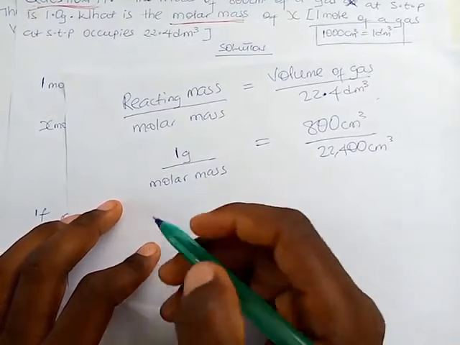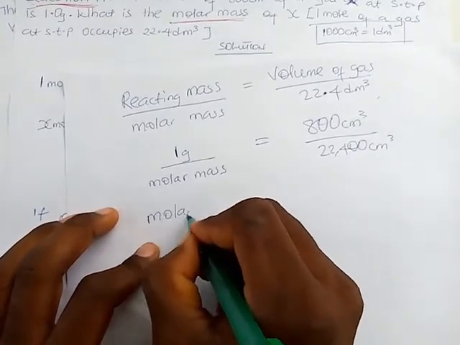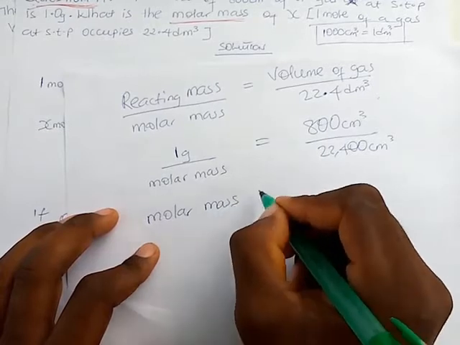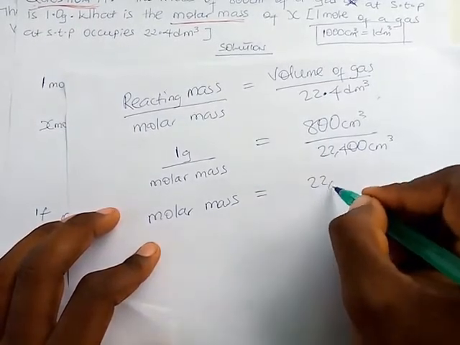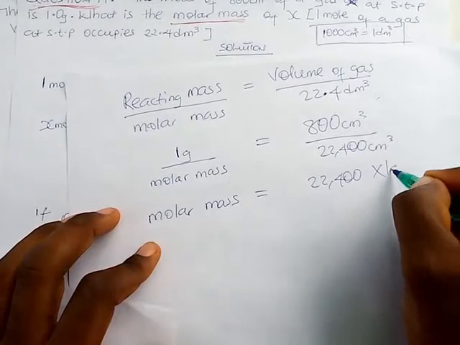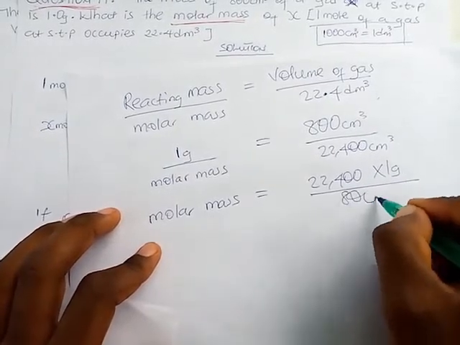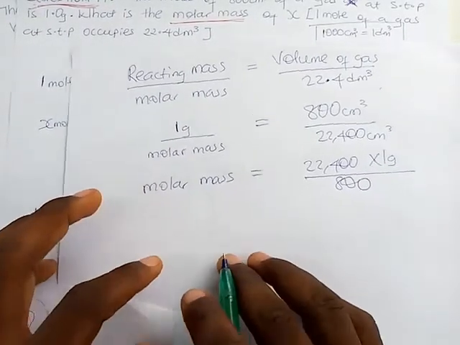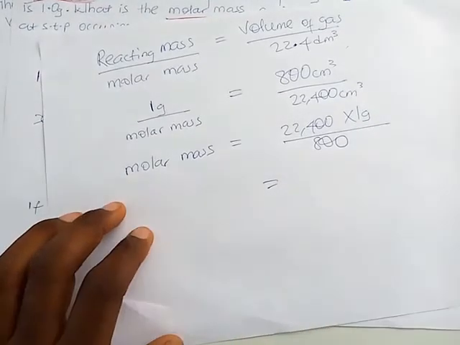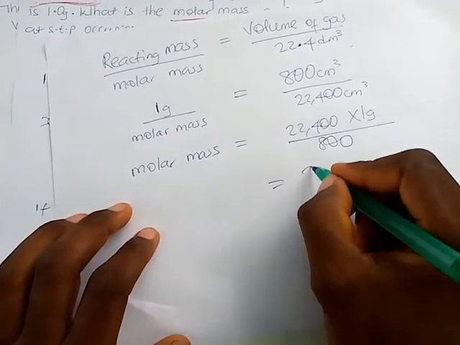So when we put it down this way, we make molar mass the subject of the formula. And when we do that, we're going to have the molar mass is equals to 22,400 times 1 gram all over 800. So that's going to give us 28.